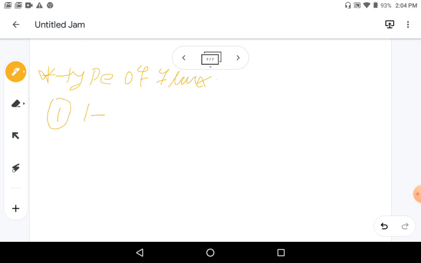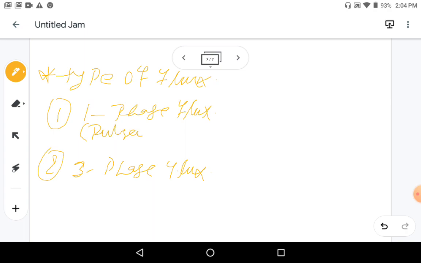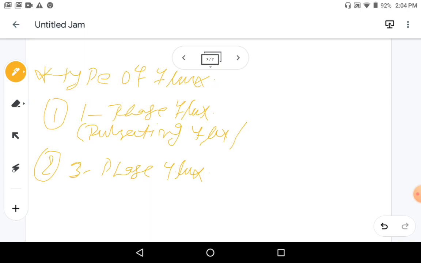Number one, single phase flux, also known as pulsating flux and standing wave.